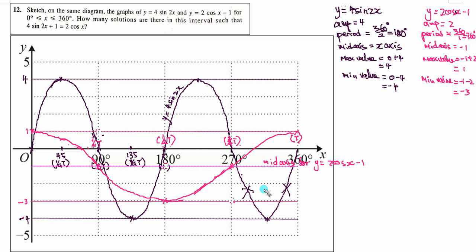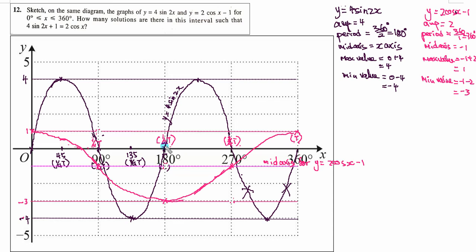Draw a dotted line. Now, for cosine, since the T is 360 here, it's one cycle. Bear in mind for cosine, your half T is where it goes to the minimum.